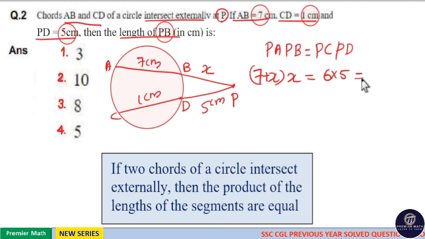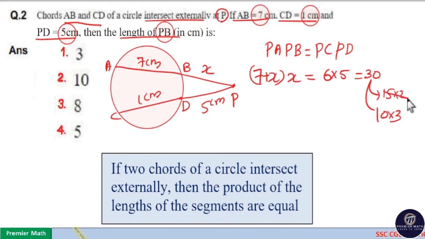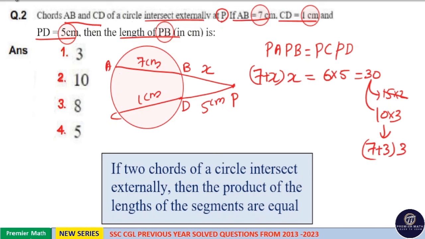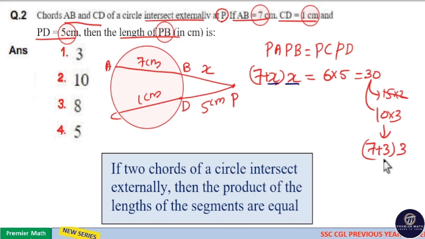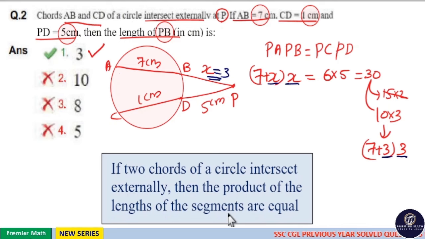So, 6 into 5 is 30. 7 plus x into x is 30. 30 can be written as 15 into 2 as well as 10 into 3. But 15 into 2 cannot be written as 7 plus x into x. But 10 into 3 can be written as 7 plus 3 into 3. Now you can see here x is equal to 3. So your answer is option 1.